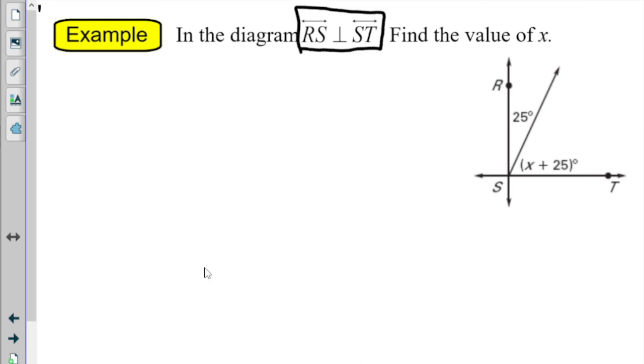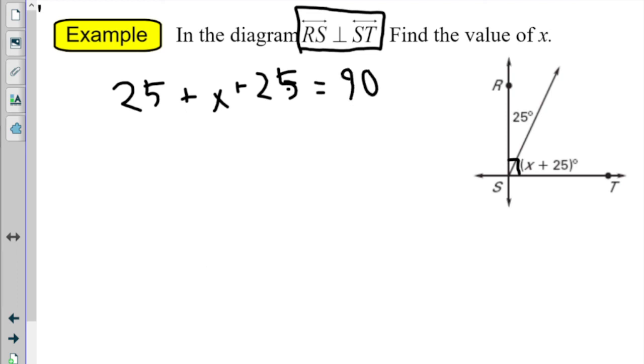The key to this one is that these lines are perpendicular. Since I know those lines are perpendicular, what kind of angles do they make? Right angles, which means it measures 90. So I can make a right angle there. And I can say that when I put the 25 together with the other angle, the x plus 25, and I add them together, they should in total make 90.